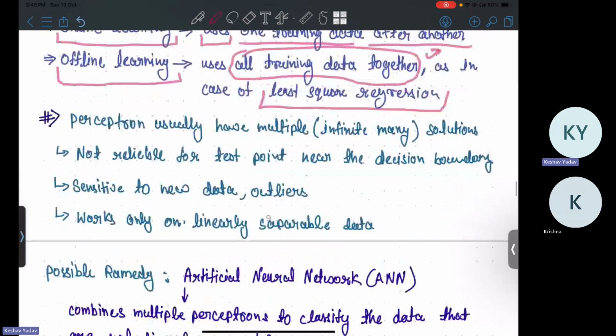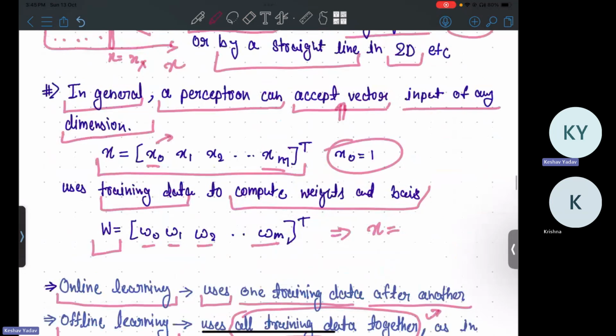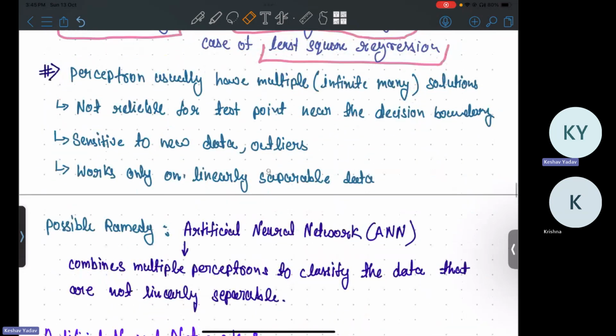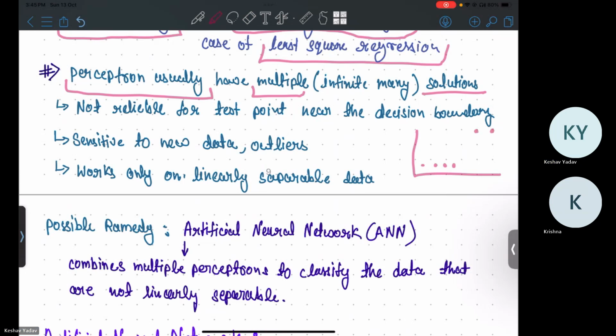Now we will see what the limitations of this perceptron are. For the perceptron case, you please refer to the lectures. There the professor has shown how you can write a computer program for the perceptron that can be used for binary classification. So what are the limitations associated with the perceptron? Perceptron usually has multiple solutions. Suppose you have the data like that, there is one dividing line like that.